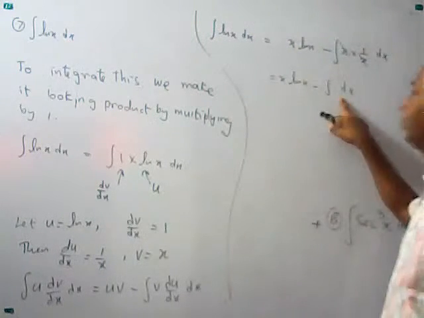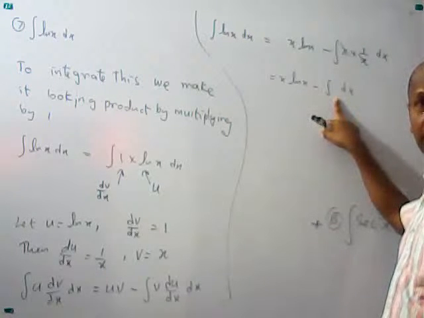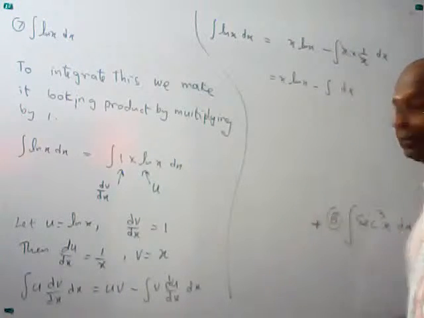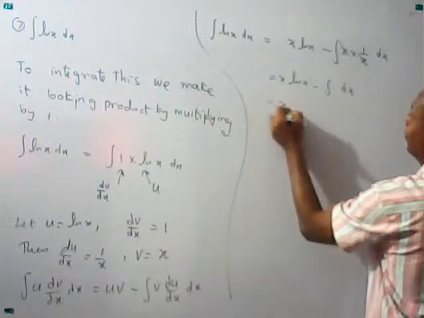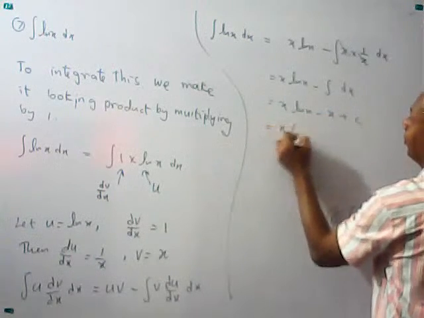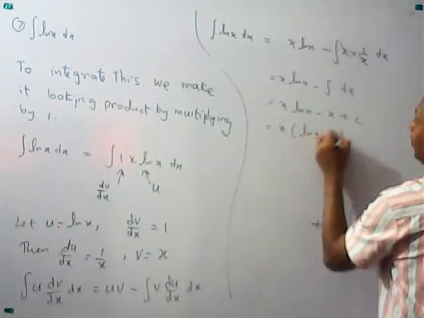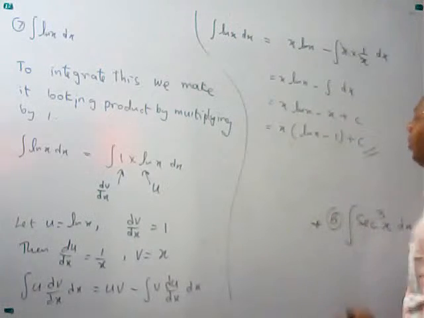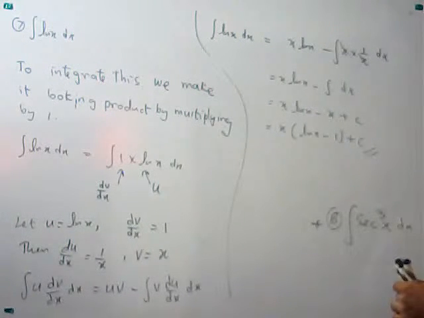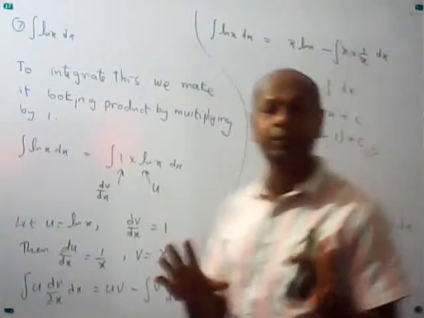Now integrating this, the integral of dx is x. You can take x out, it will be x(ln x minus 1) plus c. Correct? Right. So that's how you integrate inverse functions.